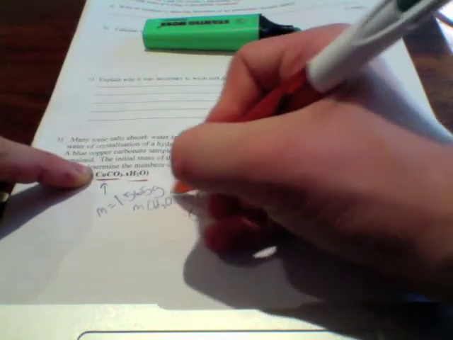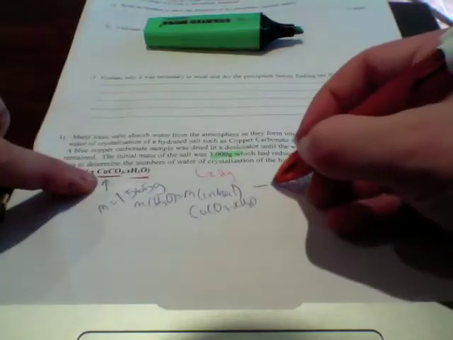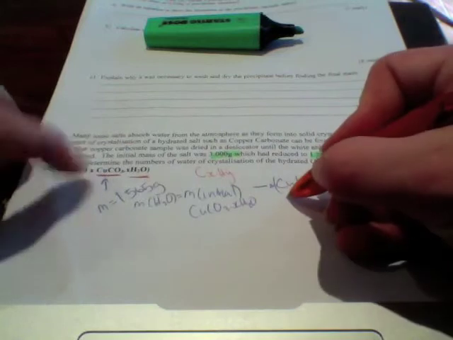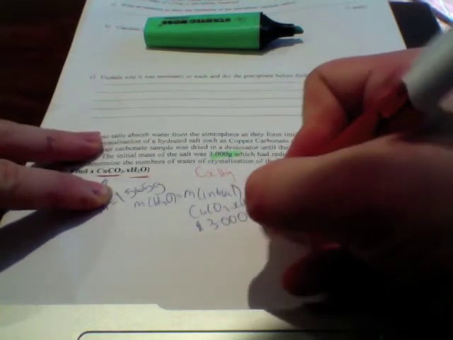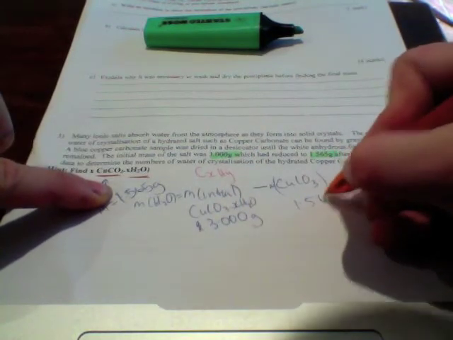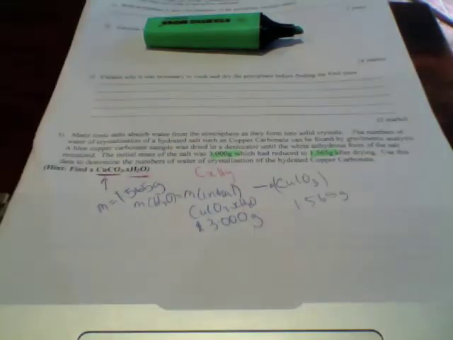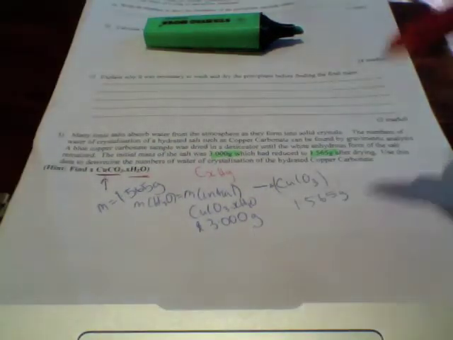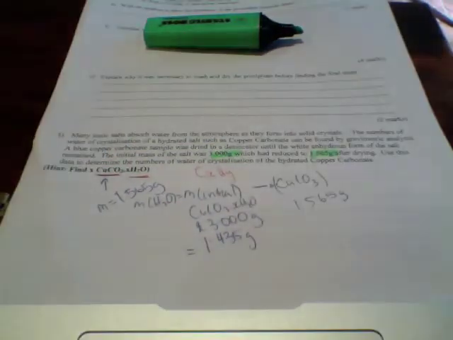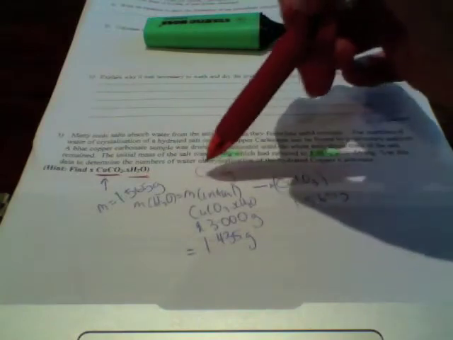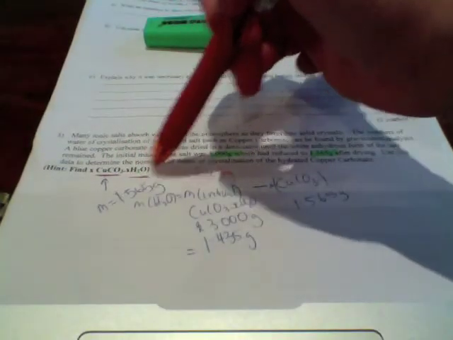I think a lot of you got to this point, so the mass of water equals the mass of the initial, 3.000 grams, minus 1.565 grams. If we just quickly do that, the mass of water equals 1.435 grams. So we know the mass of CuCO3, it's 1.565 grams, and we know the mass of water.